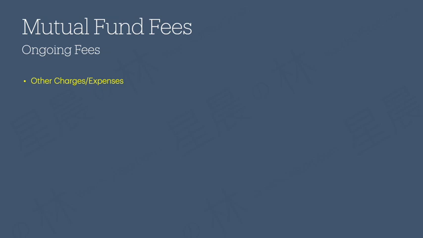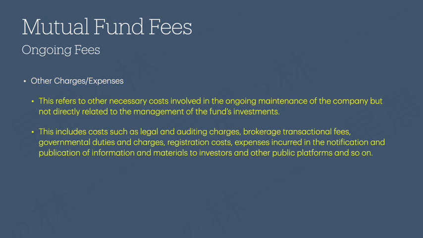Besides the management fee and performance fee, which are fees intended for the actual running and management of a fund and its portfolio of investments, the third type of ongoing fees are the other charges and expenses that the fund spends on. These are more generic administrative and operational expenses and include costs such as legal and auditing charges, brokerage transactional fees, governmental duties and charges, registration costs, expenses incurred in the notification and publication of information and materials to investors and other public platforms, and so on.